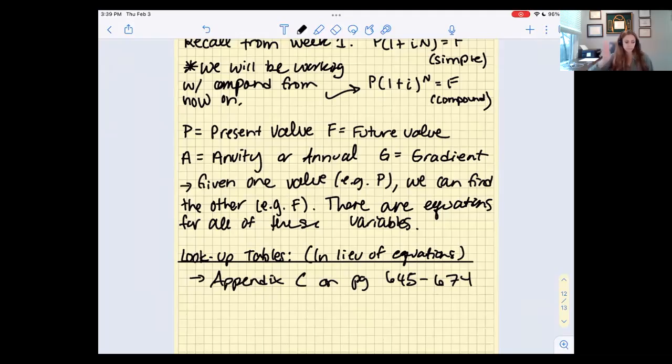So if you go open Canvas in the Files section, let's see what I called it. Oh yeah, I just called it Appendix C, CI tables. So it's in there, accessible to you if you don't have the book. You can just look at it online on Canvas, okay?